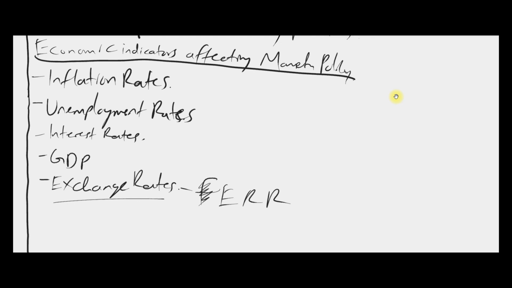These economic indicators: average fundamental analysis focuses on these main ones, inflation rates, unemployment rate, interest rates, GDP. They affect currencies both in the short term and in the long term, especially inflation and unemployment rates.